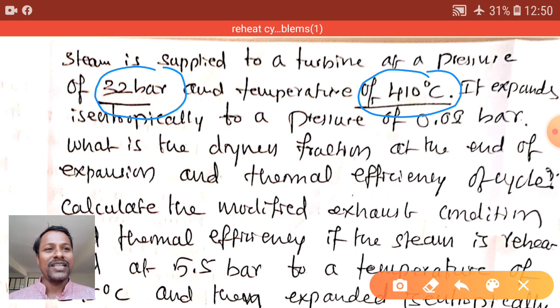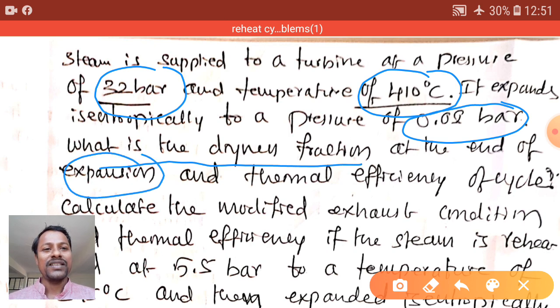It expands isentropically. So you know, in the Rankine cycle the expansion is isentropic, that is, a reversible adiabatic process, isentropically to a pressure of 0.08 bar. This is the condenser pressure, 0.08 bar. He is asking us to calculate the dryness fraction at the end of expansion, meaning the steam which comes out of the turbine.